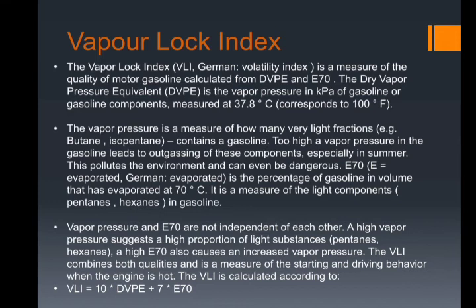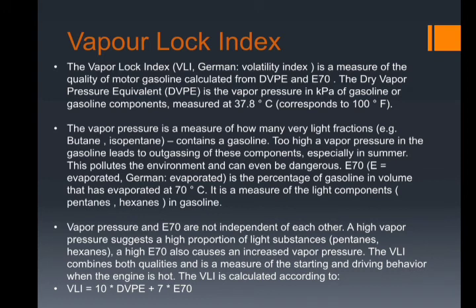Vapor pressure and E70 are not independent of each other. A high vapor pressure suggests a high proportion of light substances such as pentanes or hexanes.